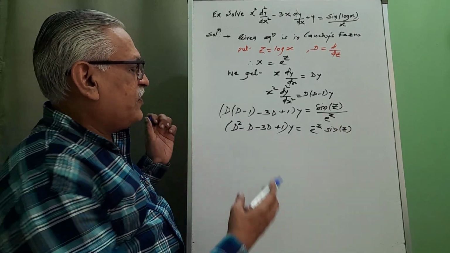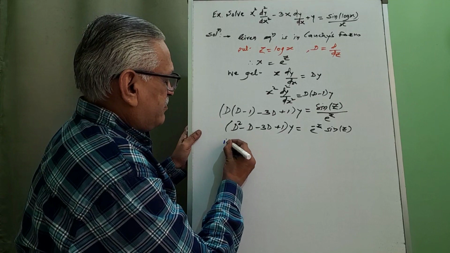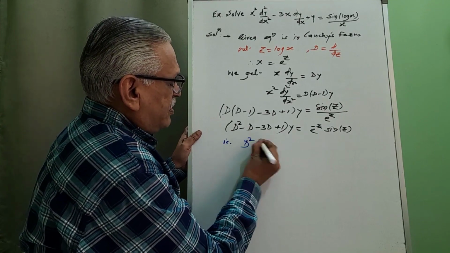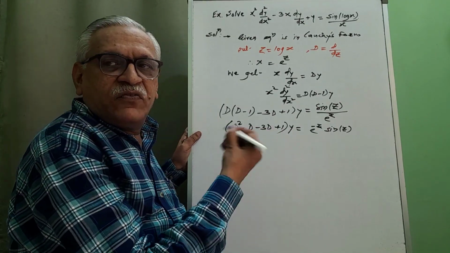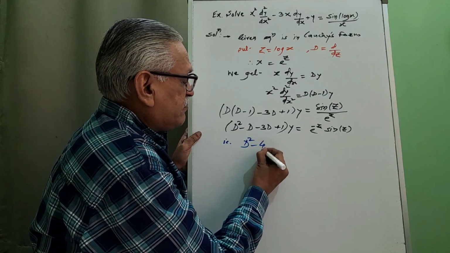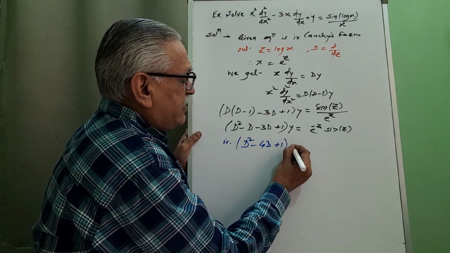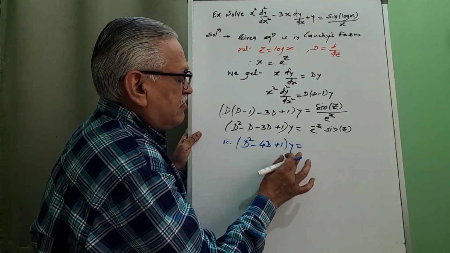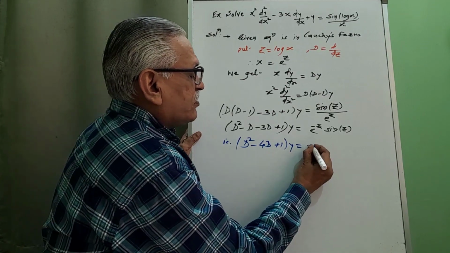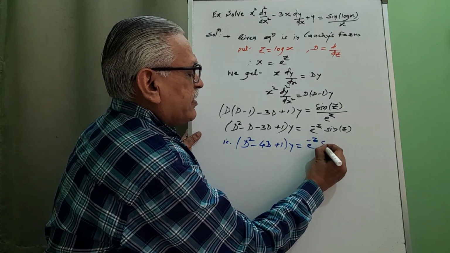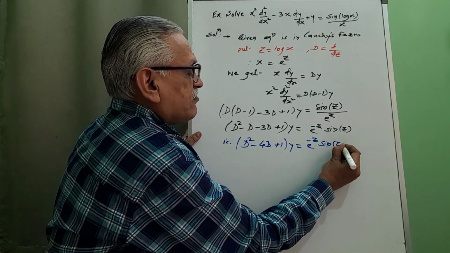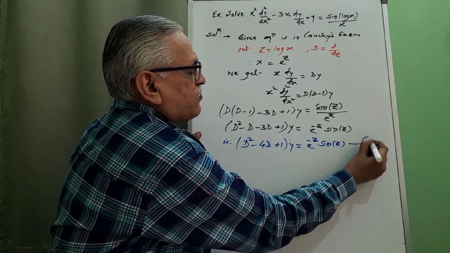That is D square minus 4D plus 1 into y is equal to e raised to minus z into sine z, and we call this equation 1.